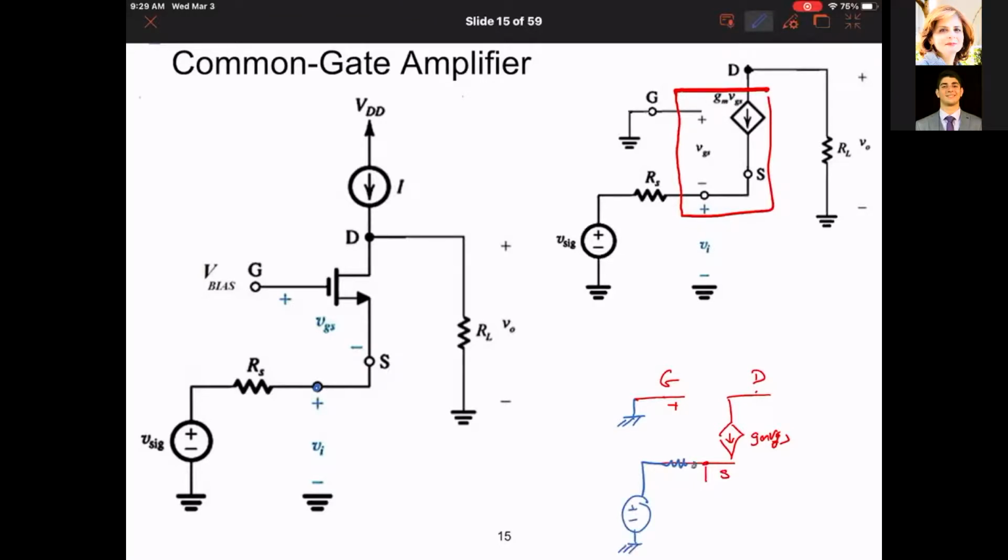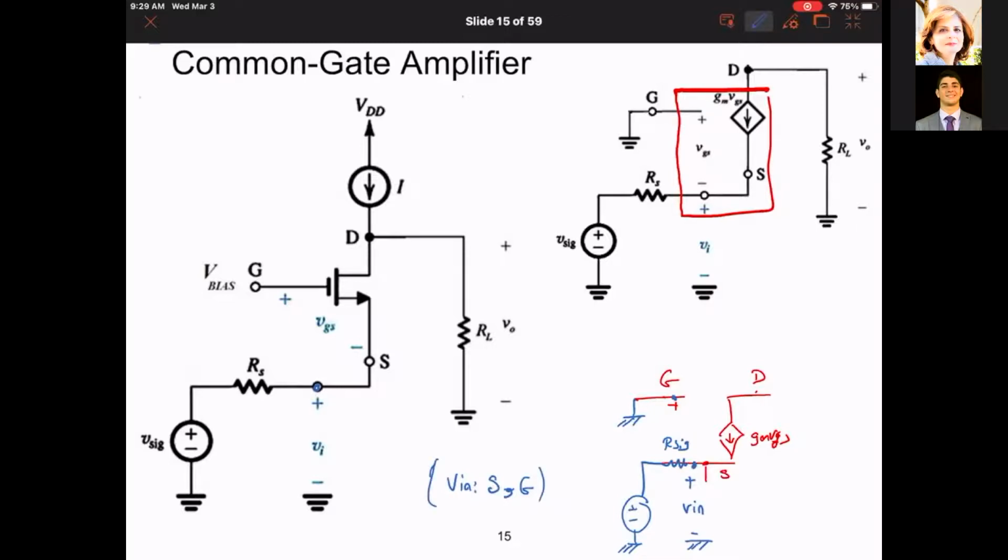Now I know that Vn is from the end of Rsig to ground, so it is between this node and this node here. So this is my Vn for the circuit, and the G is also grounded, so actually Vn is really between S and G. So the S is the positive node and the G is the ground node.